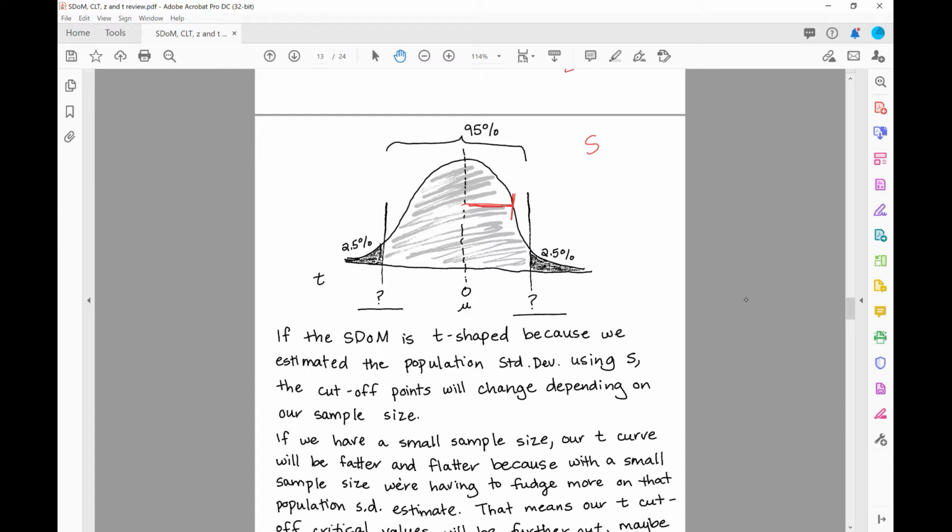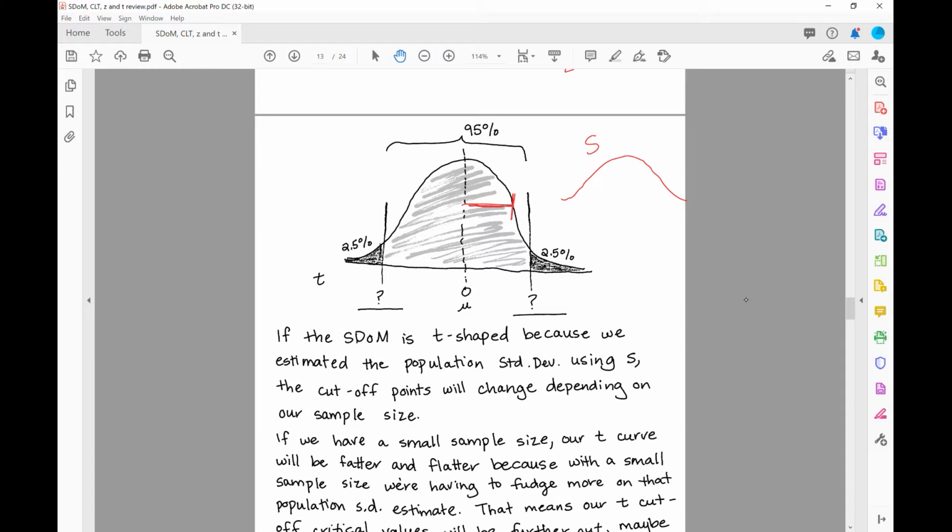So we're estimating, and how many people we're using to estimate is going to affect how good our estimate is. If we're using only like 3 people for a whole population, then it's maybe not going to be the best estimate, right? So in that case, we're going to need to make our curve a lot fatter just to be sure that we're really capturing or estimating well for that population standard deviation.